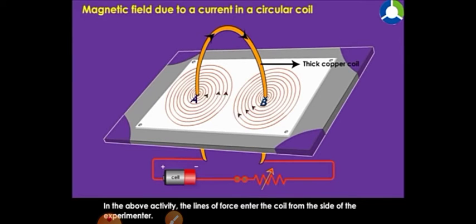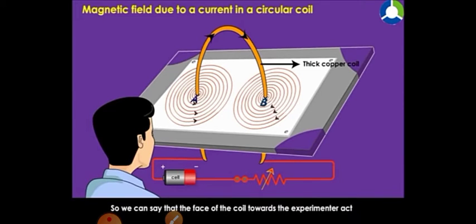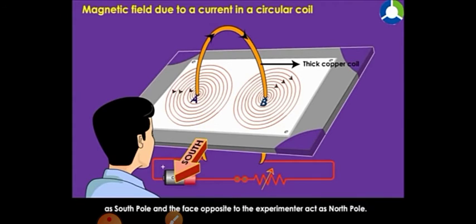In the above activity, the lines of force enter the coil from the side of the experimenter. So we can say that the face of the coil towards the experimenter acts as south pole and the face opposite to the experimenter acts as north pole.